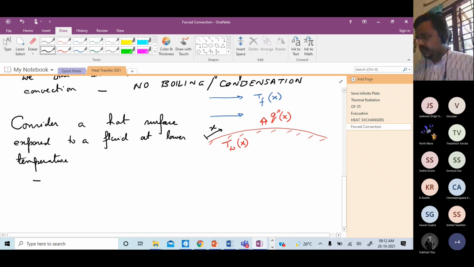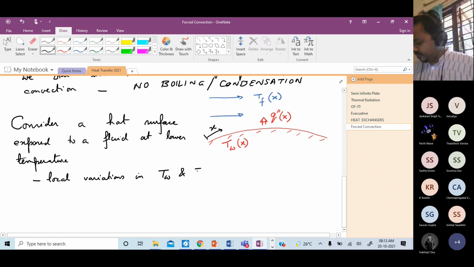So there will be local variations in Tw, which is the wall temperature, and Tf. So that is Tw is a function of X and Tf is also a function of X.